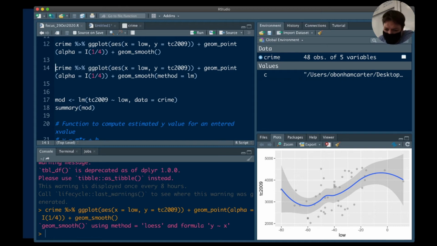But this goes back to my RSS, my residual sum of the squares. You see this shadow that we see? I'm looking at the plot right now on the lower right-hand side. You can see how the points tend to be scattered all over the place. In this case, the points are not scattered all over, but closer to the line.